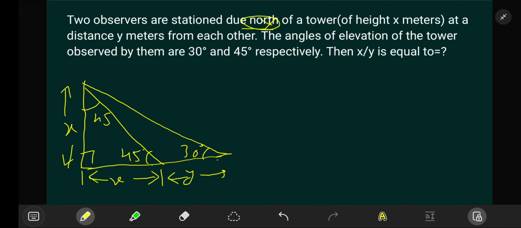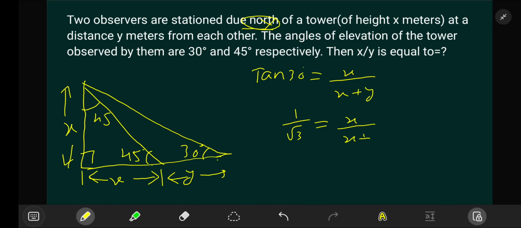Now apply tan 30 degrees. What is tan 30? Tan 30 degrees is opposite side by adjacent side. The adjacent side is the complete base, x plus y. So x by x plus y. Tan 30 degrees is 1 by root 3, which is equal to x by x plus y.